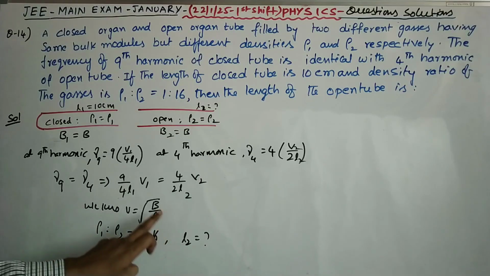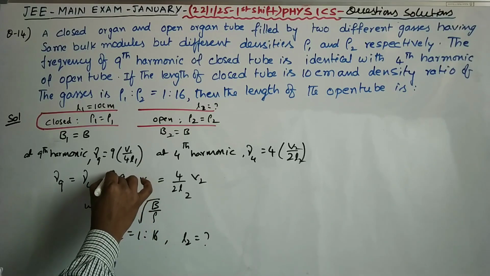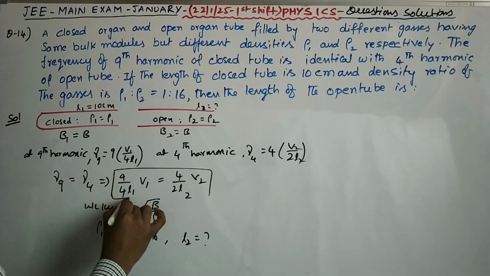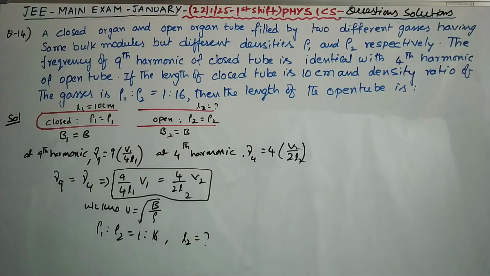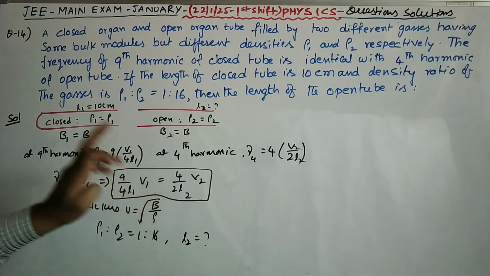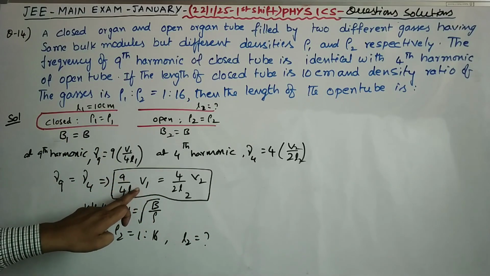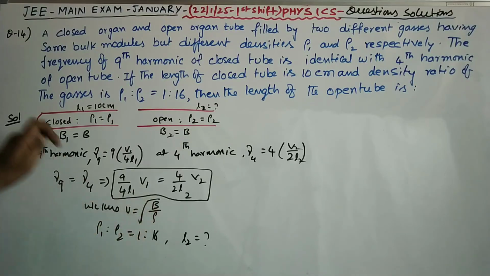To calculate L2, you can use this: the ninth harmonic in the closed tube is identical with the fourth harmonic in the open tube. So you can substitute V is equal to root of B by ρ.